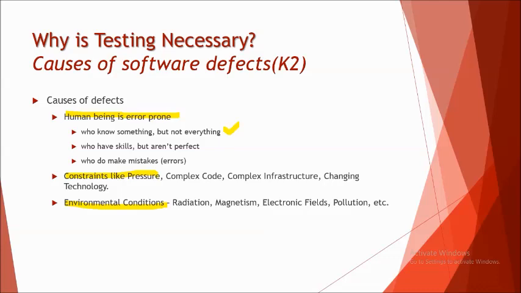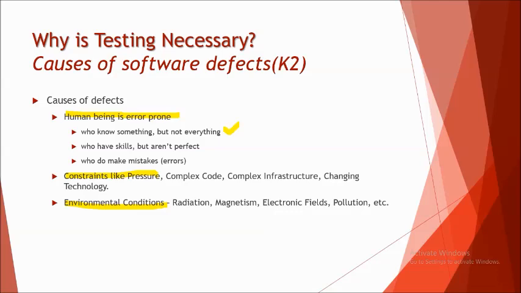So we are increasing the probability of getting defects when dealing with more and more complex applications day by day. Beyond that, there are certain concerns related to the environment, where you talk about radiation, magnetism, electronic fields, and pollution. What I mean to say is that constraints like pressure are part of software applications, and environmental conditions come from the hardware, the product side.